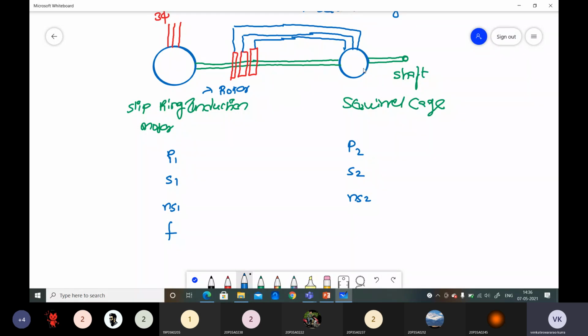In this case, the stator induced EMF in the squirrel cage induction motor is the output of the rotor induced EMF of the slip ring induction motor. So F1 = f, and F2 = fr. The induced EMF in the squirrel cage induction motor stator is nothing but the induced EMF in the rotor of the slip ring induction motor. So fr in terms of f is S1 into f. So F2 = S1 f.